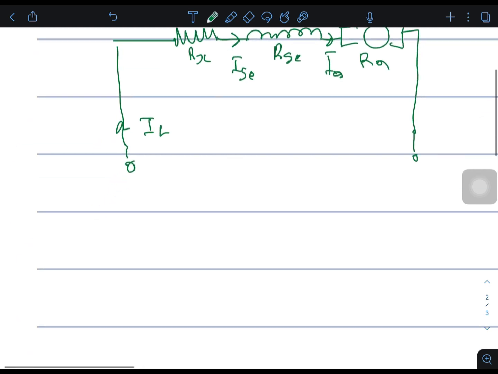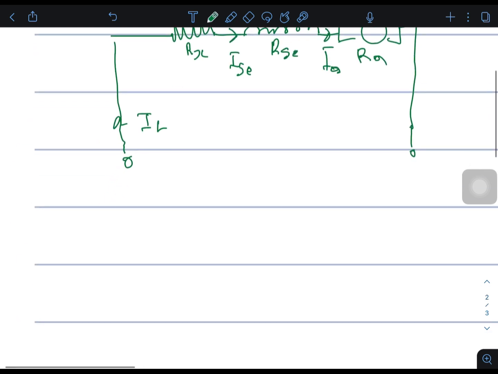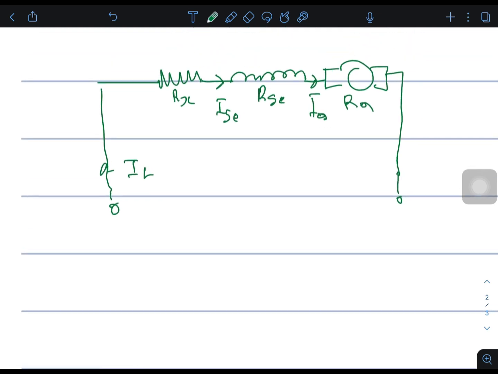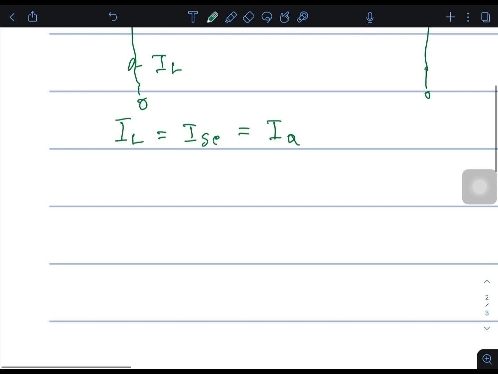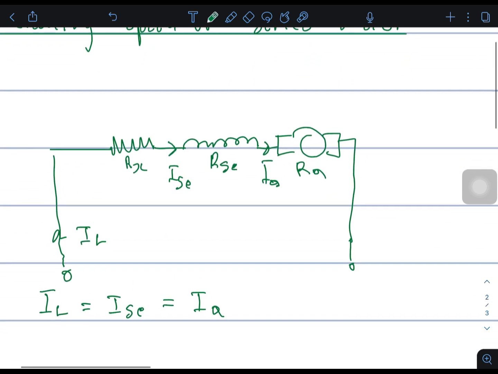If we look again, guys, the current does not split, so we can safely say I load is equals to I series is equals to I armature. The only difference is the way you're going to calculate RAC.